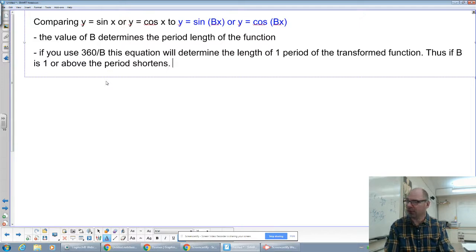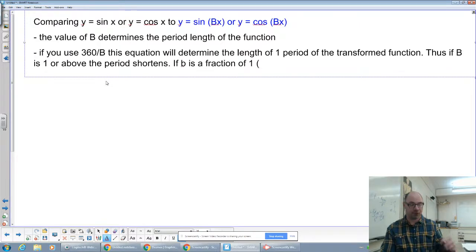If B is a fraction of 1, meaning from 0 to 1, not including 0 or 1, so B is greater than 0 but less than 1, the period lengthens.